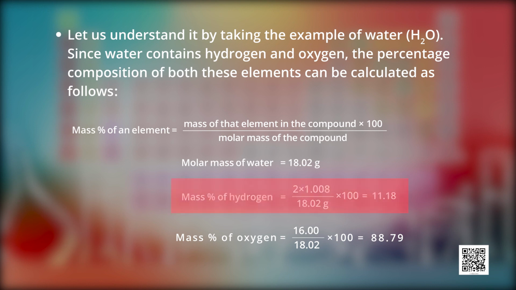It will be equal to 11.18. Now mass percentage of the oxygen. Here we will write the mass of the oxygen in the given compound, that is 16, divided by molar mass of the compound, that is 18.02 multiplied by 100. It will come 88.79.